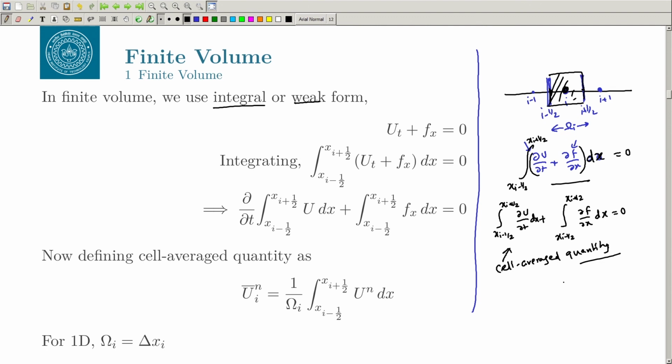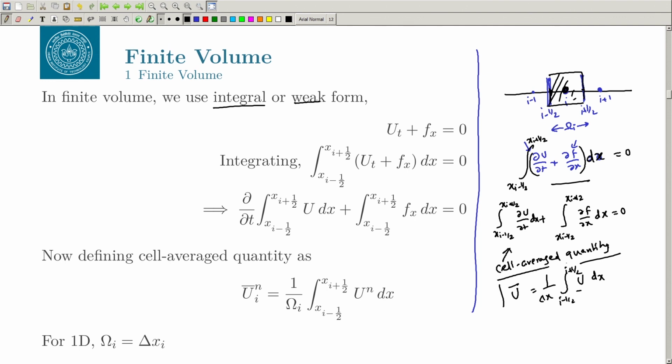You integrate it from this to this and divide by the area, the delta x, and then it will give you the average value.